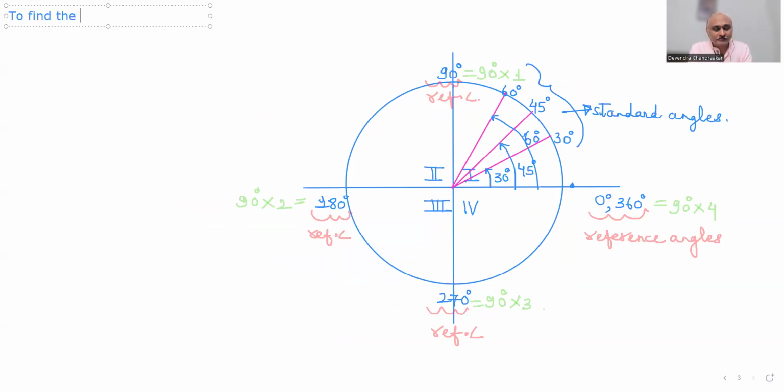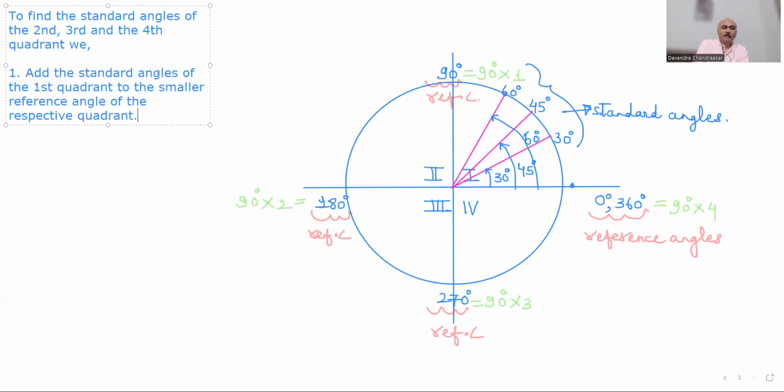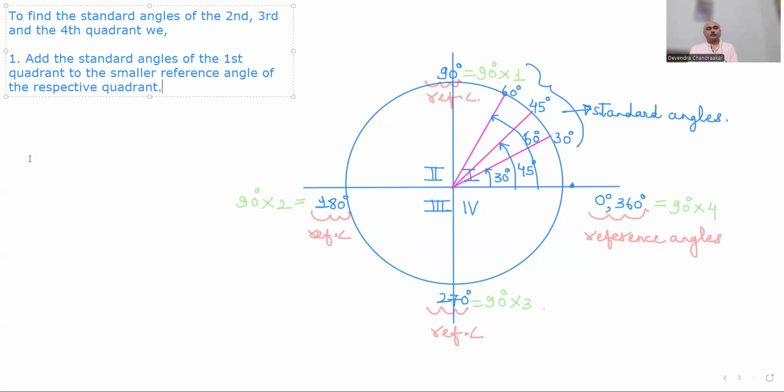So to find the standard angles of the second, third, and the fourth quadrant, the first method is: add the standard angles of the first quadrant to the smaller reference angle of the respective quadrant. So let's do it for the second quadrant.